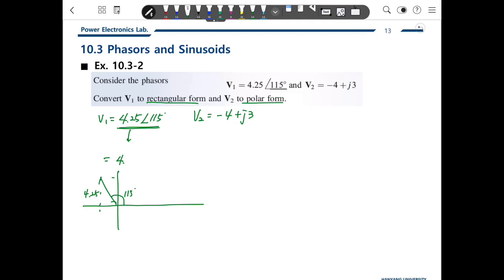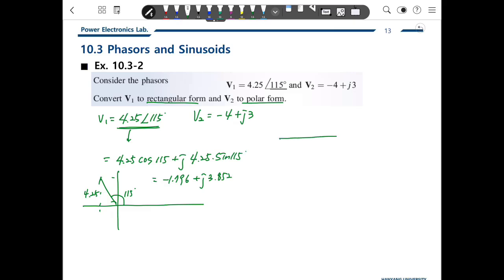So that can be written as 4.25 cosine 105 plus j 4.25 sine 105. That will be minus 1.796 plus j 3.852.